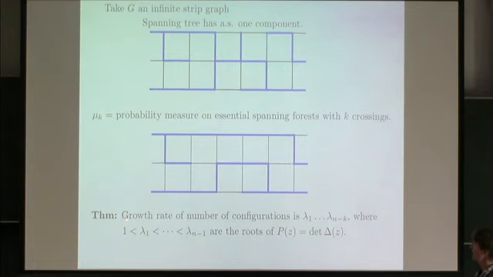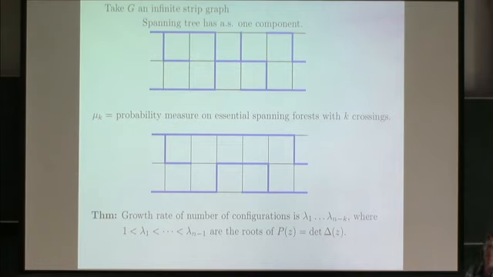If you want to count configurations, like Kirchhoff did with the determinant of the Laplacian, there is a way to count them, and the growth rate of the number of configurations for mu k is the product of the first n minus k roots of this polynomial p. It turns out that p has only real roots.